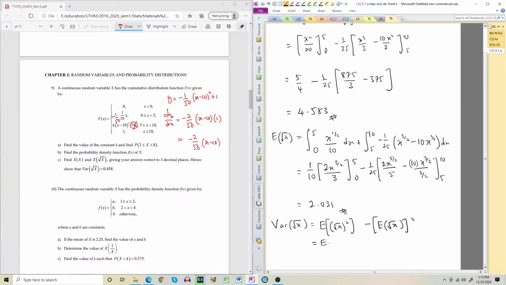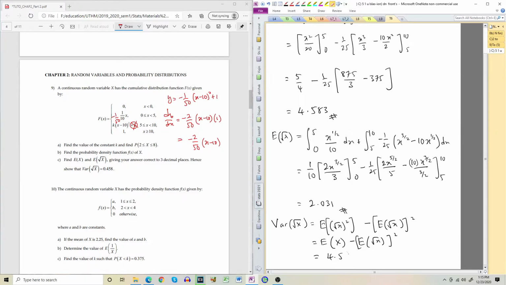So this is x and this is still remain same. If you do this, Ex is just now 4.83 minus 2.031. This is the answer.